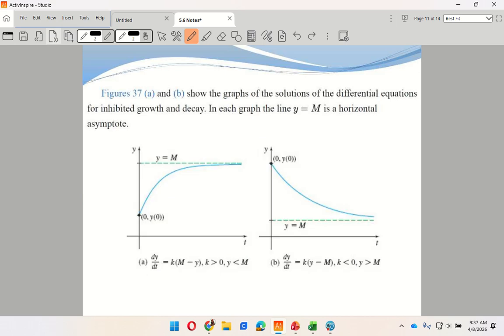Here is one right here that actually has a maximum. This is an inhibited growth. So if we said, I don't know, what do they say now? Scientists say what the population of the world should, what's the maximum population of the world?